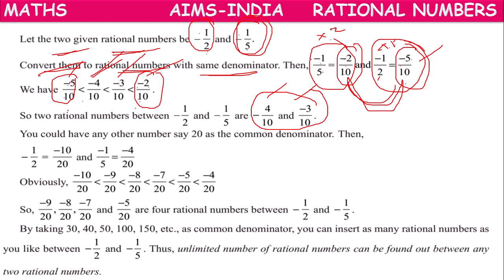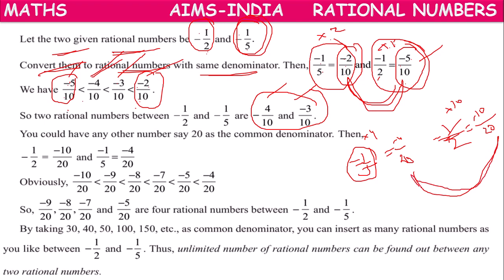Suppose for minus 1 by 5 or minus 1 by 2, instead of denominator 10, if we multiply with 4, here we get minus 4 by 20. Here if you multiply with 10, minus 10 by 20. Now they have been written as rational numbers with the same denominator 20.